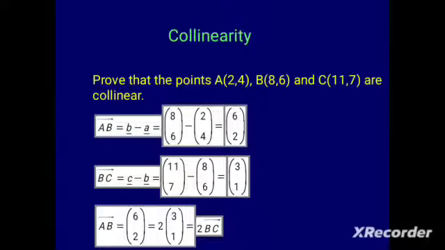So that means vector AB is equal to 2 vector BC. Vector AB is equal to 2 BC, whereby it's the same when we say that vector AB is equal to k vector BC. So that means the value of k is 2, rather you have to find it, and in our case it will be 2.